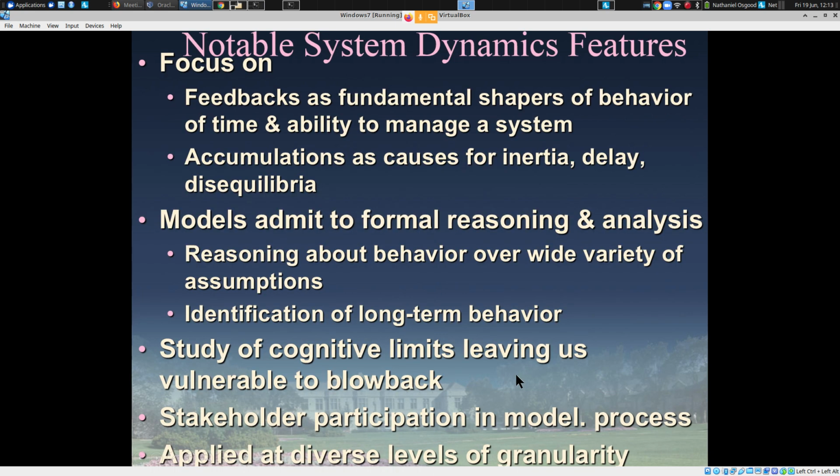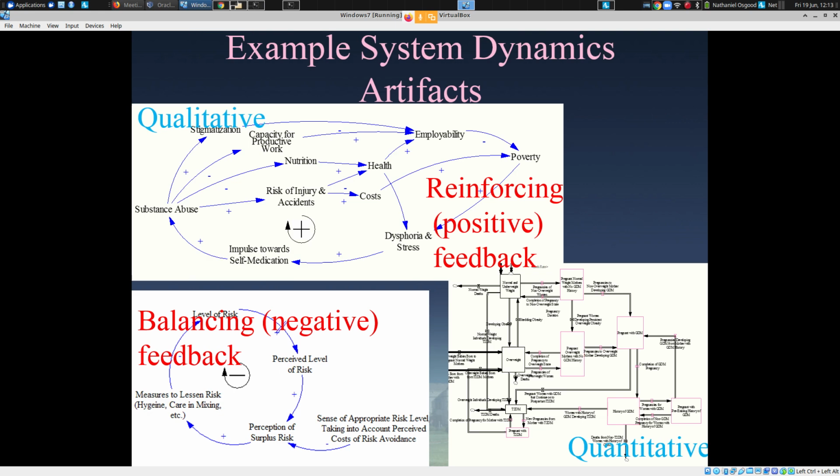It's come to embrace both a quantitative side and a qualitative side, where often the qualitative side is used to communicate with stakeholders before a quantitative model is built, or to provide a sort of shorthand understanding of what's been shown from a quantitative model. System dynamics as a tradition, and I'll come to the cognate tradition of compartmental modeling in a moment, tends to focus on feedbacks as fundamental shapers of behavior. That's why we denote things here using these sort of loops, indicating that there's a feedback in place.